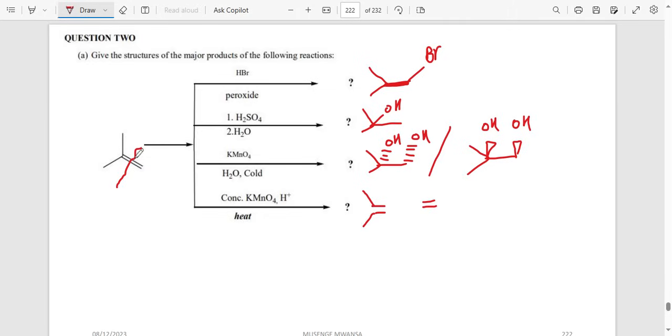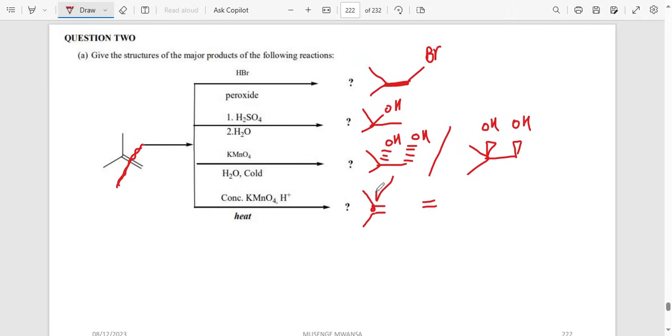Now, if you see after we had broken the bond in the middle, what resulted? This one. This double bond has got how many groups? It has got one group here and another group here. Is this primary, secondary, or tertiary? When a carbon has got two groups, what is that called? It's a secondary carbon.